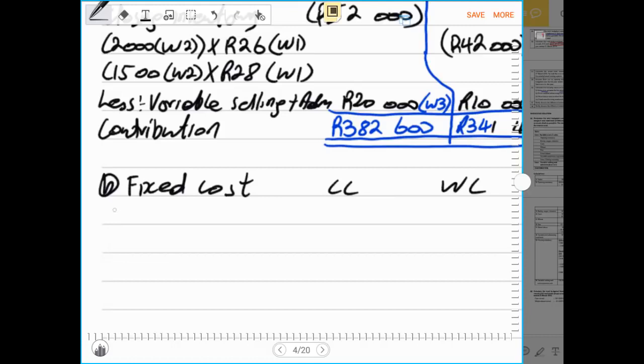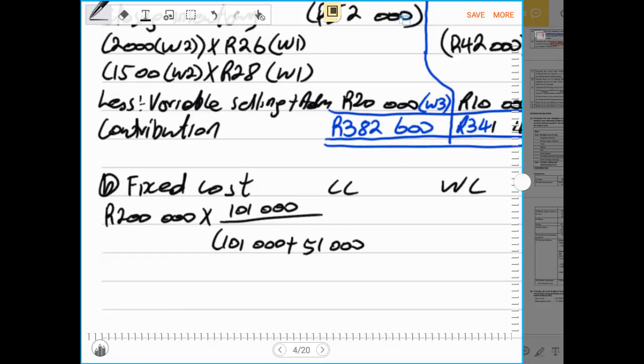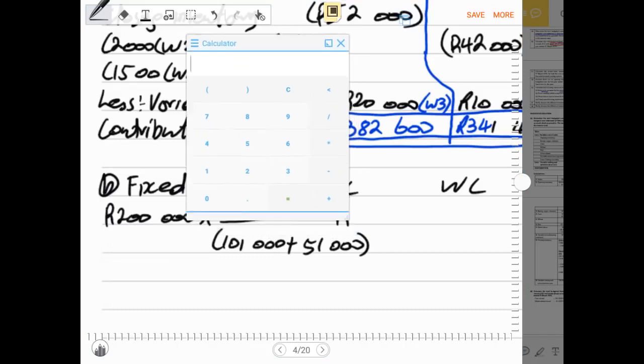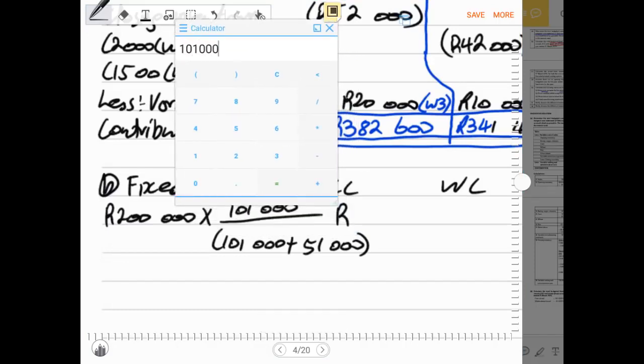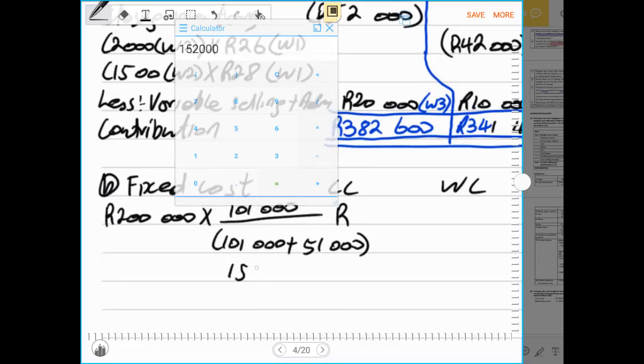This fixed cost will be allocated by saying 200,000 rands times 101,000 units that we budget to manufacture, divide by 101,000 plus 51,000 units, which gives us a total of 152,000 units.